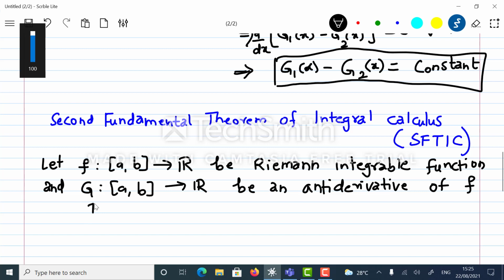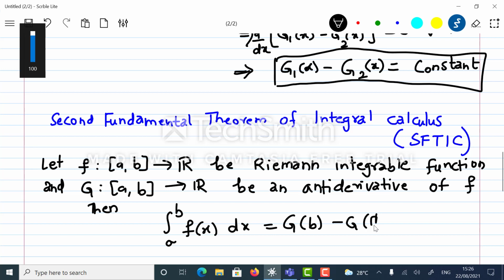Then the theorem says that the integral from a to b of f(x) dx is straight away g(b) minus g(a). So if we know the antiderivative of f, then the integral of f is very simple. It just depends on the endpoints, g(b) minus g(a).